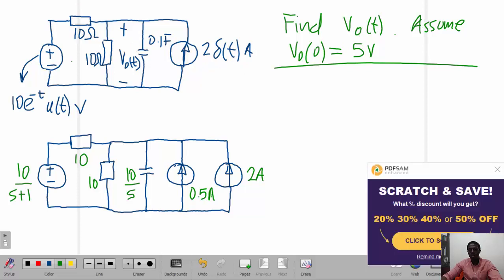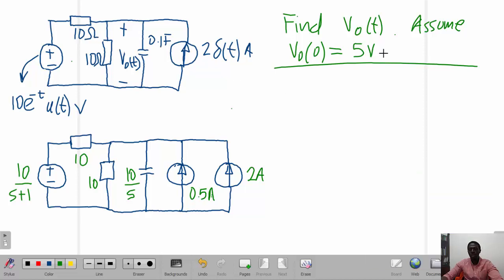And we are taking an assumption that the initial voltage value is 5 volts. So the capacitor is charged to 5 volts. And then let's see what happens. The next step is to transform the circuit into a Laplace transform circuit, so into the S domain.